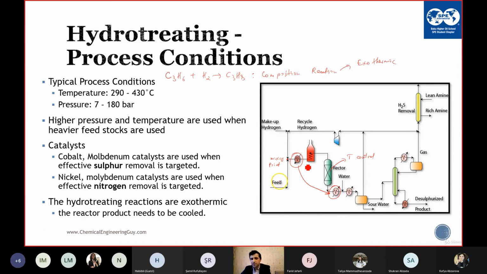For instance, if the inlet is 400 degrees Celsius, the outlet will be 430 degrees Celsius because of the exothermic reaction. And the pressure is between 7 and 180 bar. It is mostly around 50 bar in our refinery in Baku.